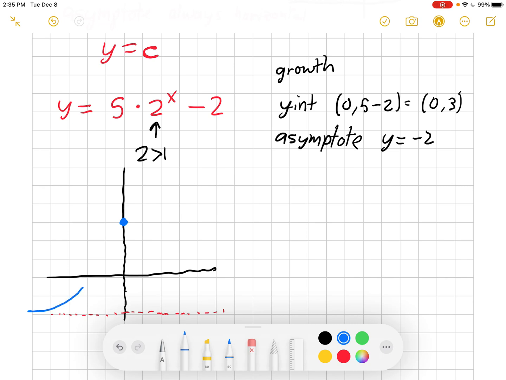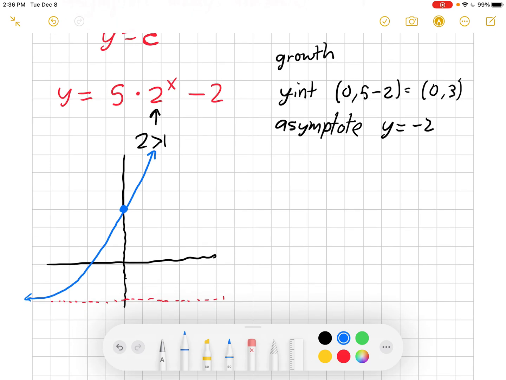As we go towards -infinity, it's going to go on there. And as we go up towards positive infinity, it's going to grow infinitely, which means it'll look something like that. Now, I would call that a really good sketch of the graph, but it isn't the most accurate graph. So let's talk about how we could increase the accuracy of this graph to be more reflective of what the exponential function would actually look like.